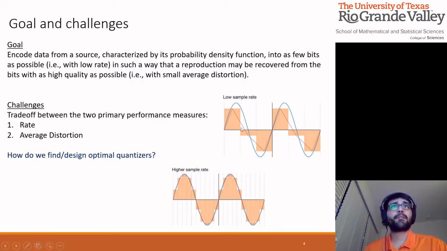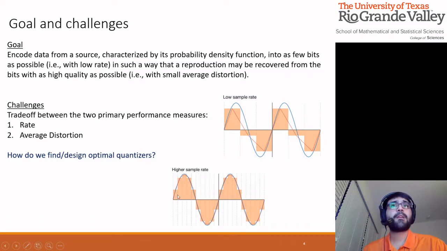As you can see in these pictures, we are trying to represent with these rectangles the area under the curve of this sinusoidal signal. But you can see that with fewer rectangles, we have a larger distortion compared to this one.